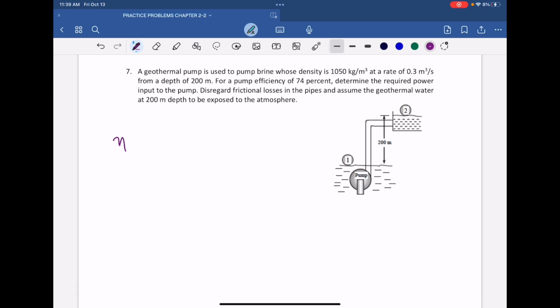So pump efficiency, always any type of efficiency, we have output over input, and input to the pump is the electric work, electric power, and that is what is rotating the shaft within the pump and changing the energy of that fluid, and in this case it's changing its potential energy, and therefore the output is going to be the mechanical energy change.